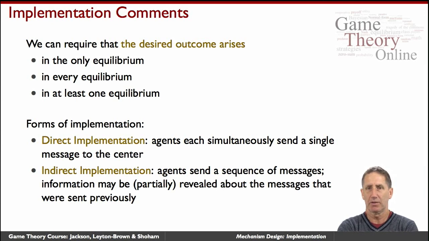Direct implementations will turn out to be quite universal in what they can accomplish, and much easier to analyze than indirect implementation, and so for theoretical investigation purposes at least, they are quite central.